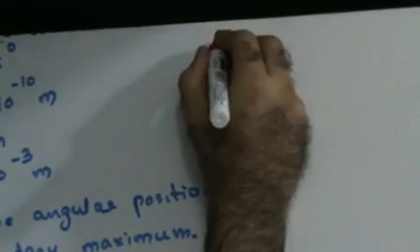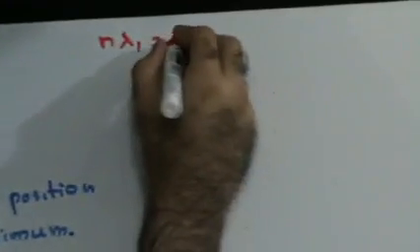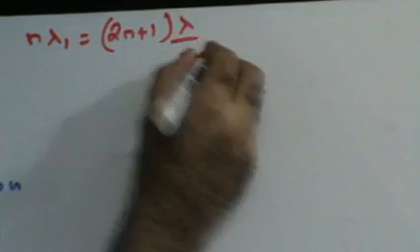For minima, it will be n lambda. So I can say n lambda 1 for minima, and for maxima it is 2n plus 1 lambda 2 by 2, where both are second, so n will be 2.